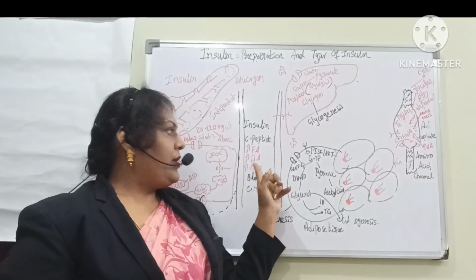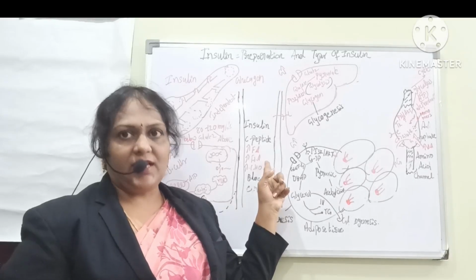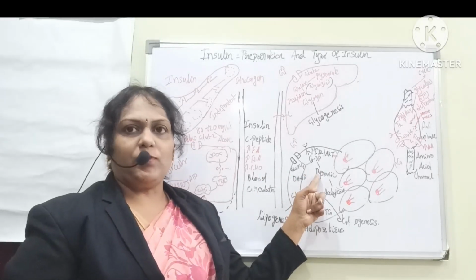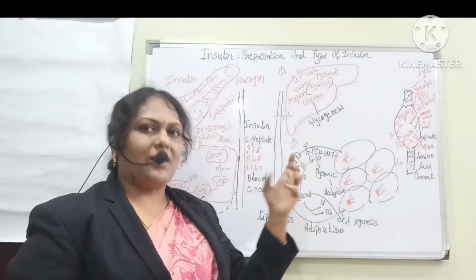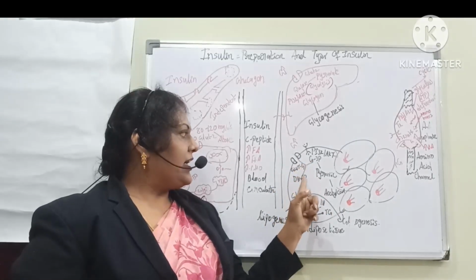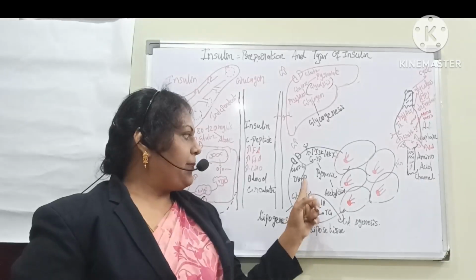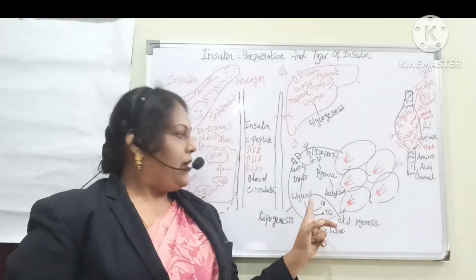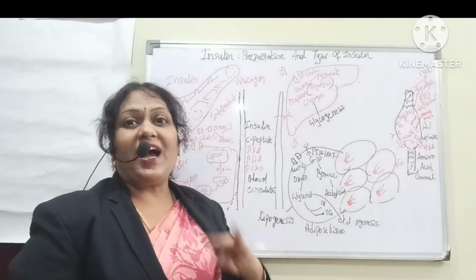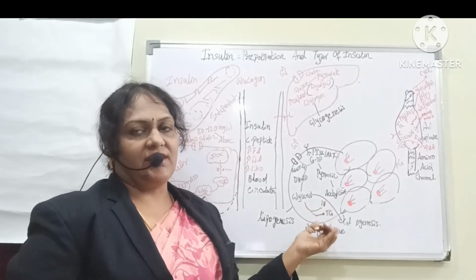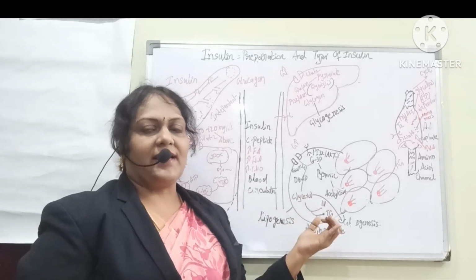A percentage of amino acids which are released from the blood circulation have a path towards your adipose tissue, taking part of that glucose and converting it into DHAP. And now this DHAP is converted into glycerol. If you have 3 molecules of glycerol, they are converted into TG. That is nothing but your triglycerides.